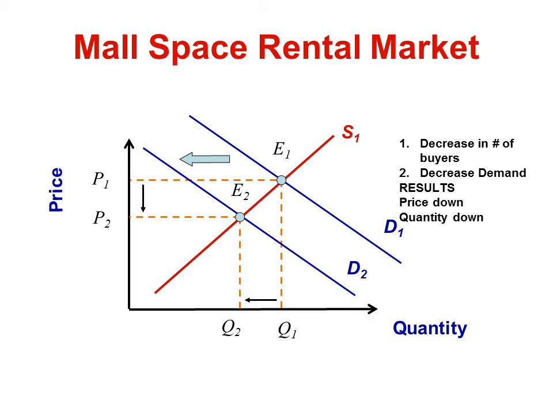Right in front of you, the supply and demand curve demonstrates the price or the rent received by these owners is down and there's fewer space rented. So look for companies who make their profit by buying and renting mall space, whether it's a tiny mall or a giant mall like the King of Prussia Mall. There's other good companies you could short and make profit from your economic knowledge.